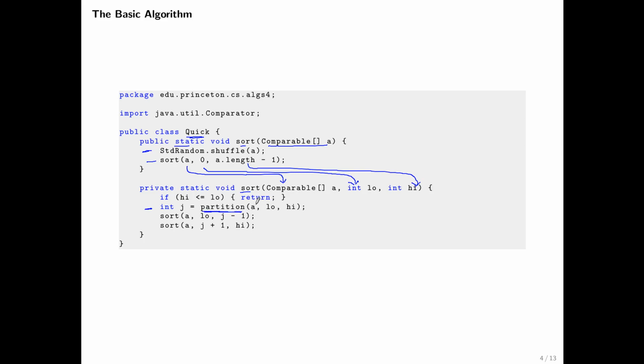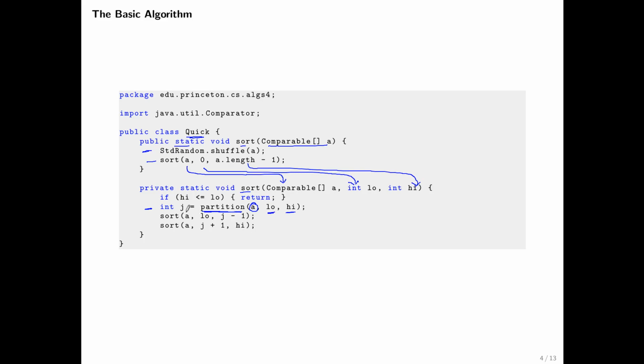It takes the array A that we want to sort, and then it also takes 2 pointers, low and high. Okay, and what partition will do is it will simply partition the elements in A from low to high. All right, and what that means is it will pick the first element in this segment as the pivot and partition the rest of the elements about that pivot such that the elements to the left of the pivot are smaller than or equal to the pivot, and elements to the right are greater than or equal to the pivot.